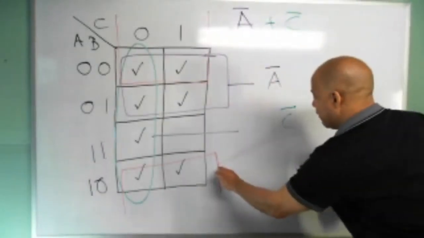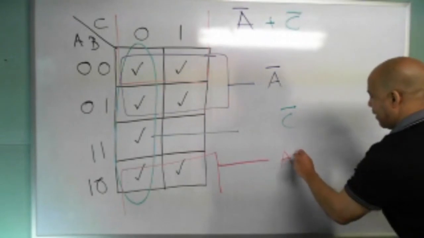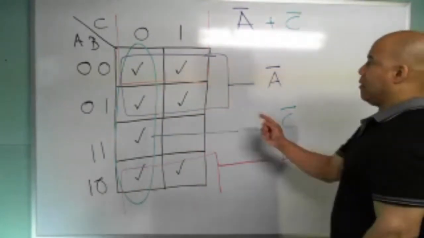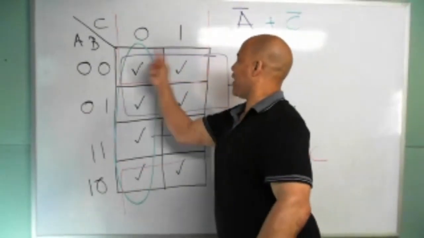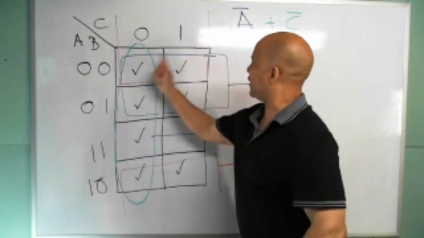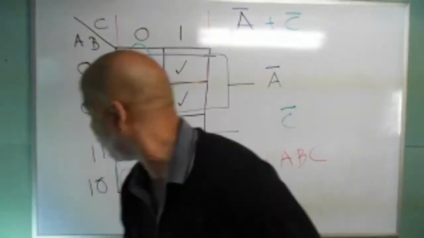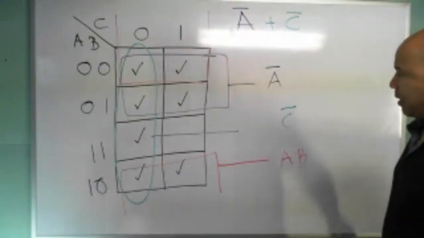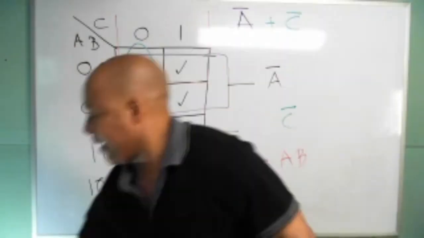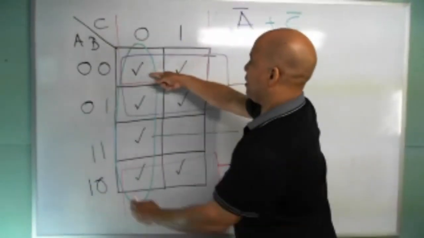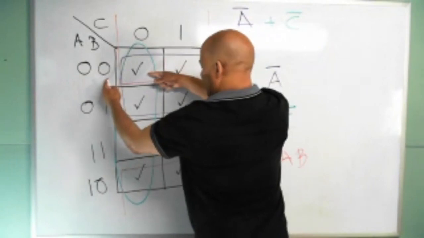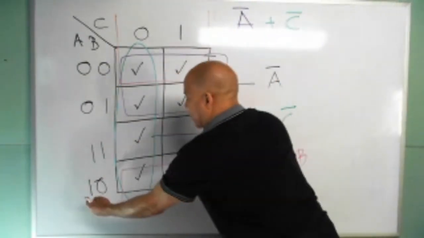I'll do it down here if you can see it. I've got A, B, C. Well, the fact that I can go like this on the top and the bottom means that C has got to drop out. C changes from a 1 to a 0. So we just have to look at the A and the B. Here, A is a 0, B is a 0. Here, A is a 1, B is still a 0.